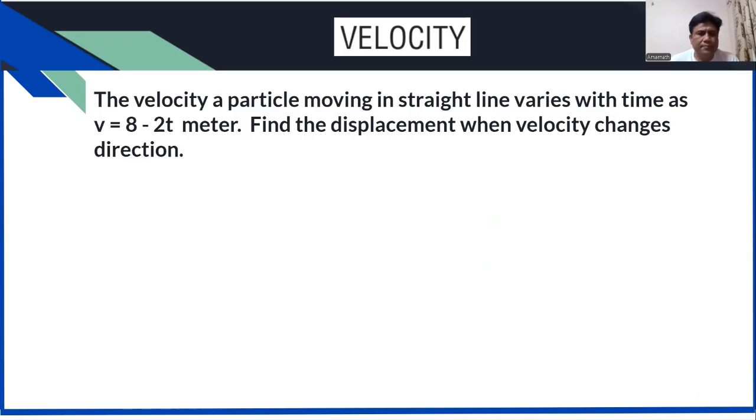Okay, please try this. The velocity of a particle is v equal to 8 minus 2t meter per second. Find the displacement when velocity changes direction. 2 minutes for you.